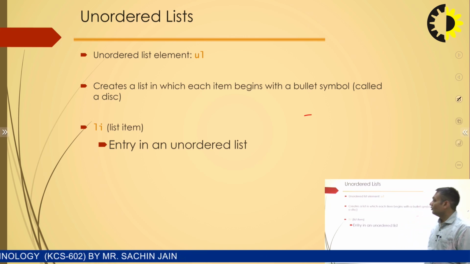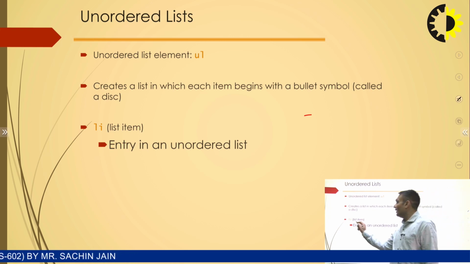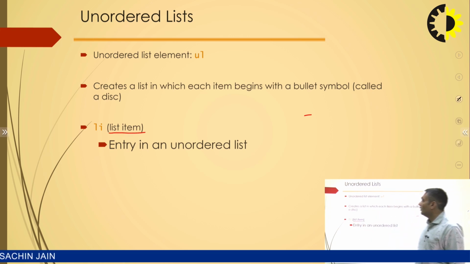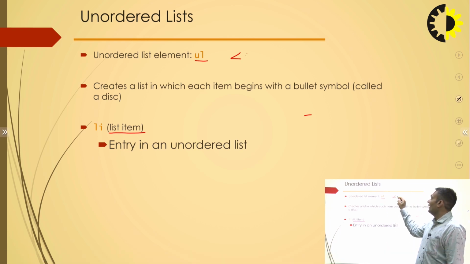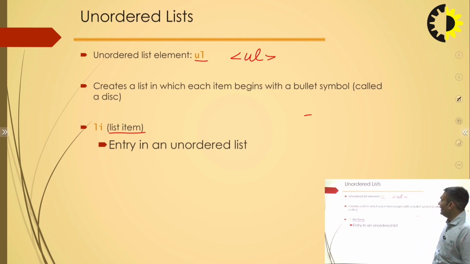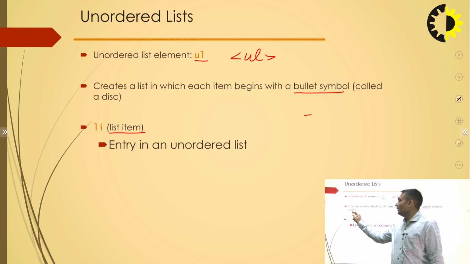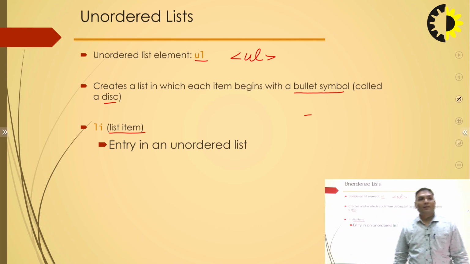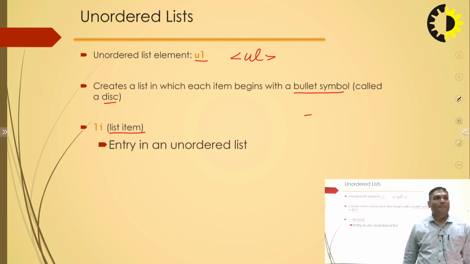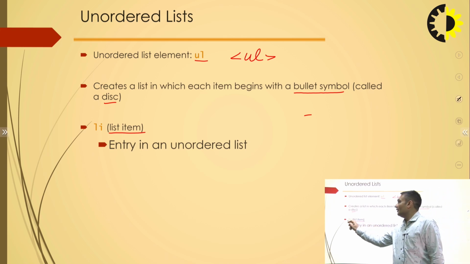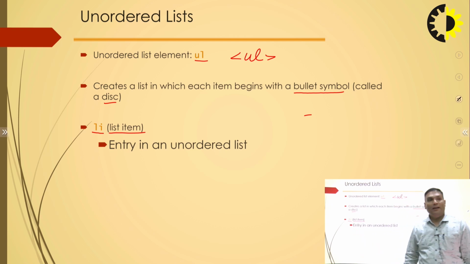But the thing common in both lists is the list item. An unordered list is defined with the help of the UL tag, and it creates a list with each item that begins with either a bullet symbol, a disk, or a square that we mention, and the items can be described with the help of the li tag.